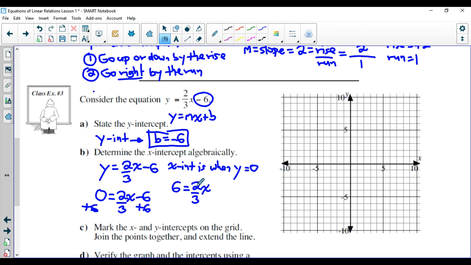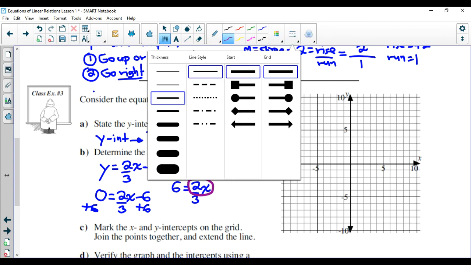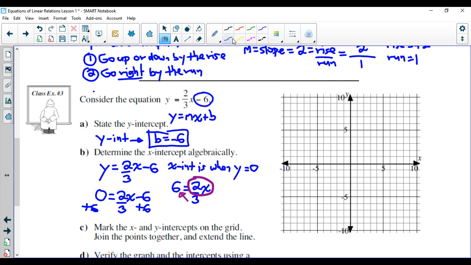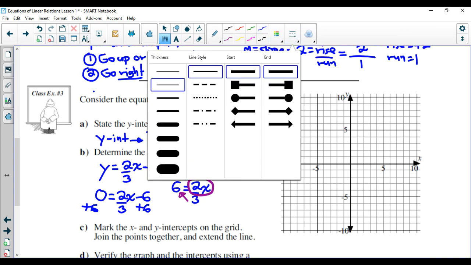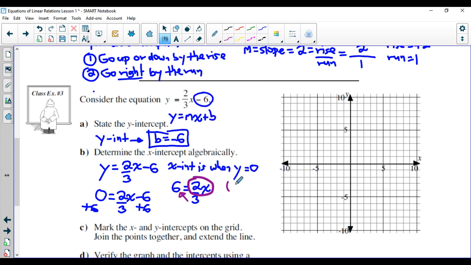Okay, we want to solve for x, so we got to get rid of this 2/3 part. So first of all, let's just get the 2x isolated. So the way I'm going to do that is I'm going to bring this 3 up to the other side.